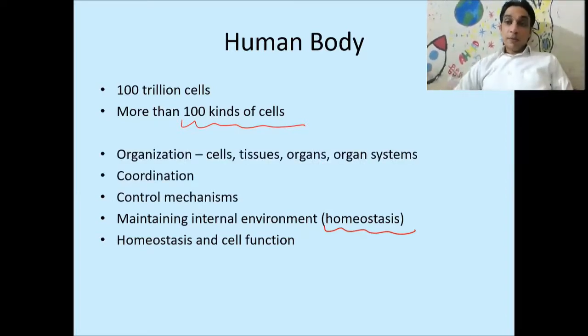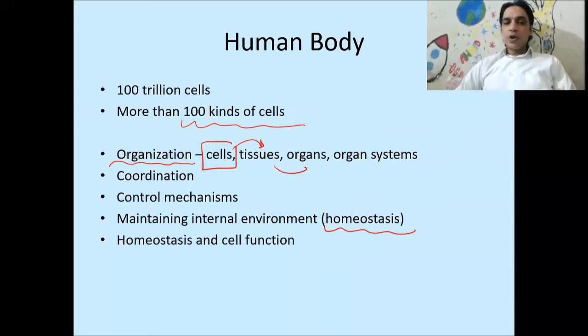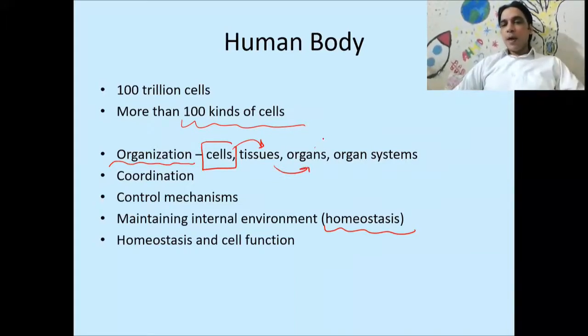There are different levels of organization in humans, as I explained earlier. The first starts from the cells, which make the tissues. Different tissues create organs, and they create organ systems. Then they coordinate with each other. There is a controlling mechanism which coordinates all those organ systems together.